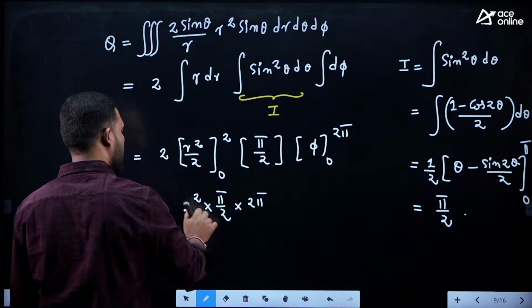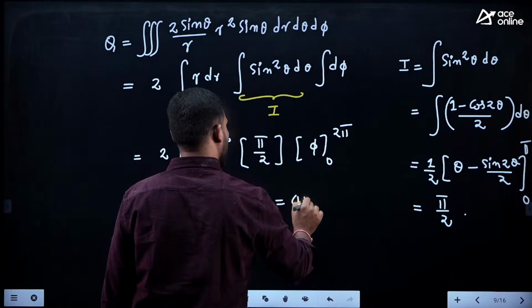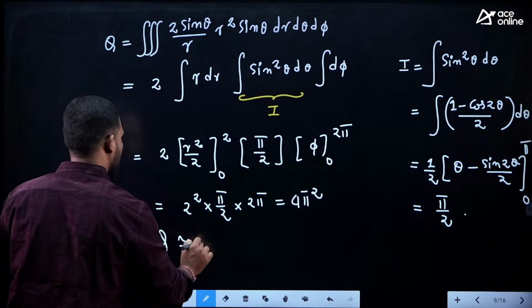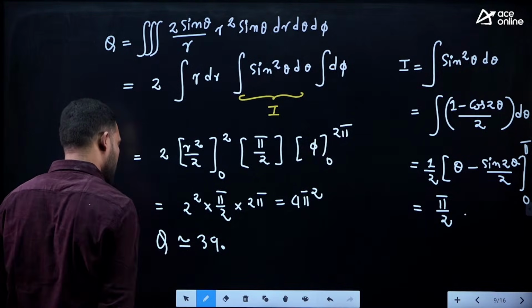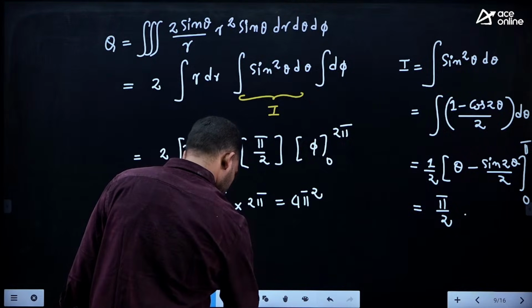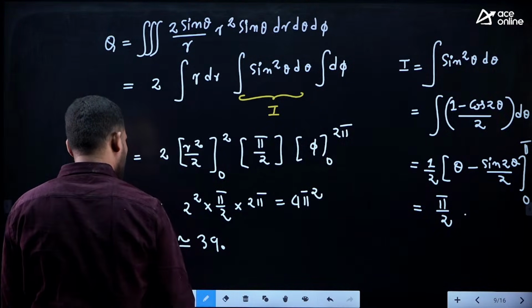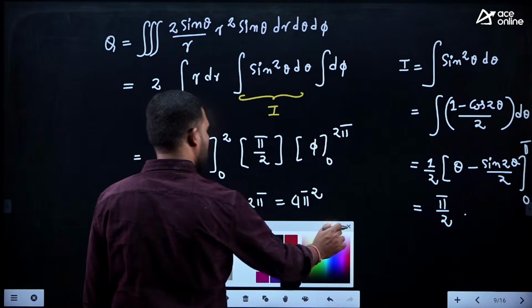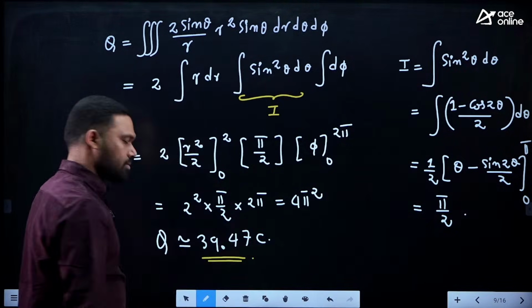So this 2 will go, it is 4 pi square, approximately 40. 39 point, how much? Yes guys, 39.47 coulombs. It is a numerical answer type question.